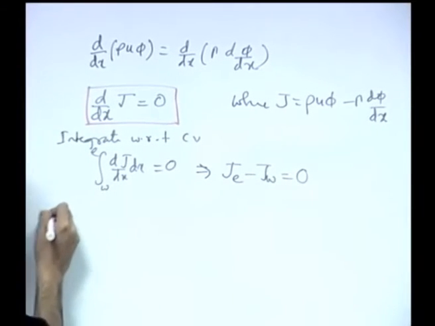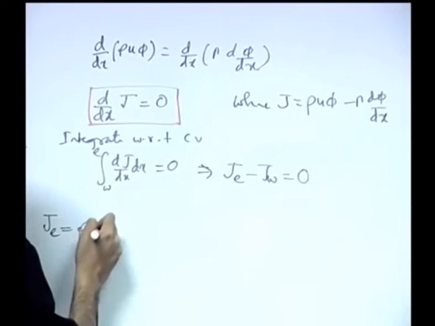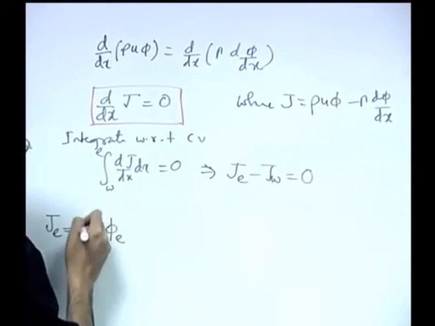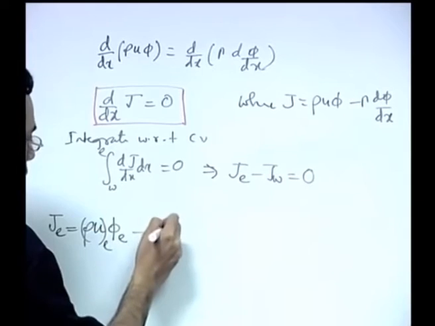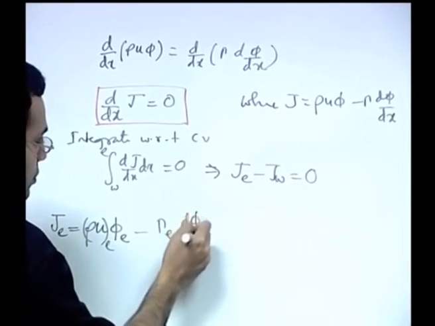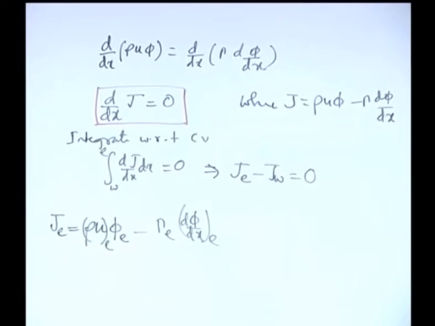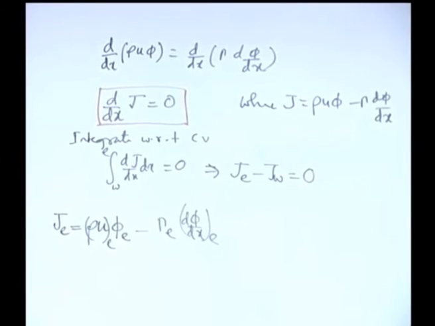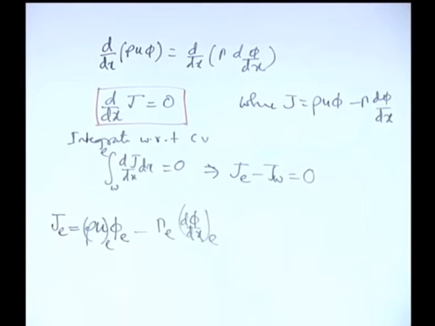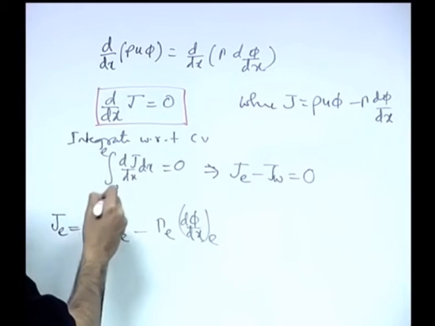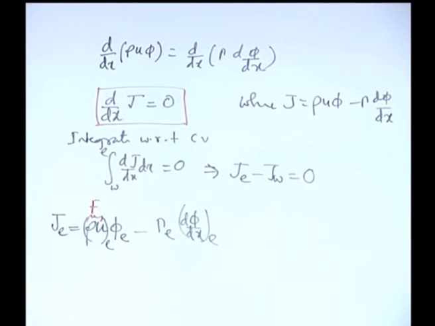What is j e? Rho into u is f. So, it is f e phi e.